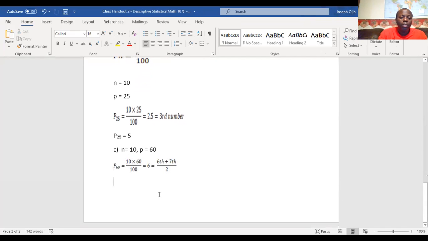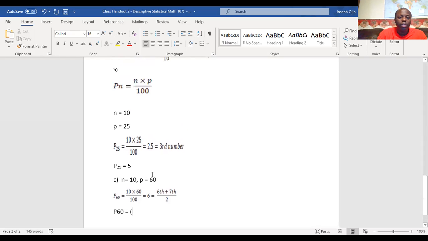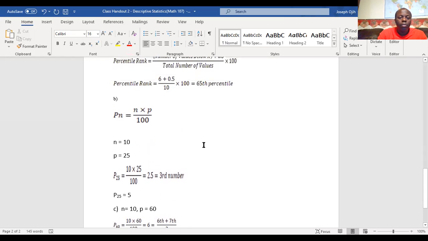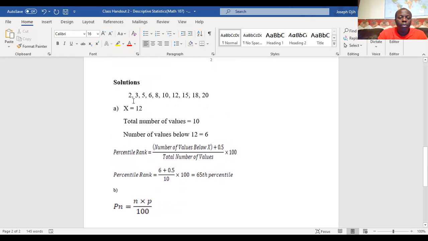So P60 equals the 6th number here. Go to our list: 1, 2, 3, 4, 5, 6. The 6th number is 10, and the 7th number is 12.